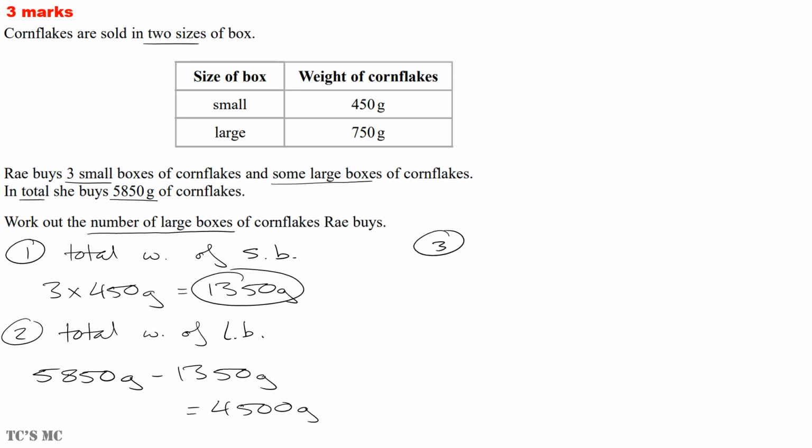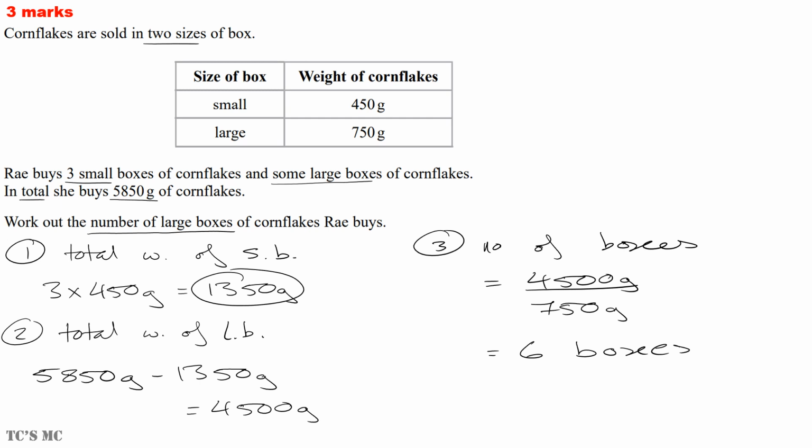Step 3, we need to work out the number of boxes. So we need to do 4,500 grams divided by 750 grams. We now have a second mark. The answer is 6 boxes, and now we have a third mark.